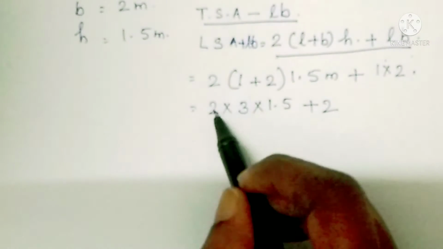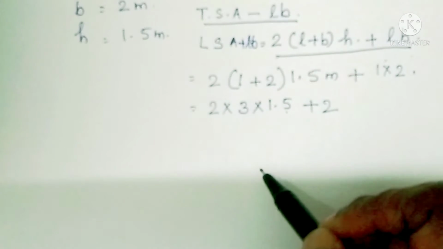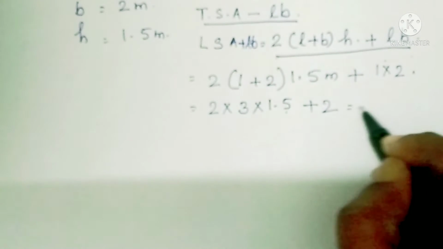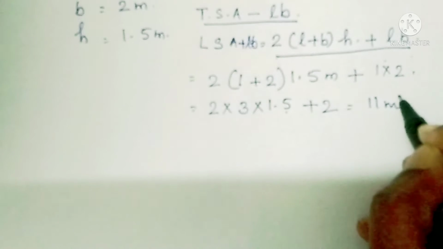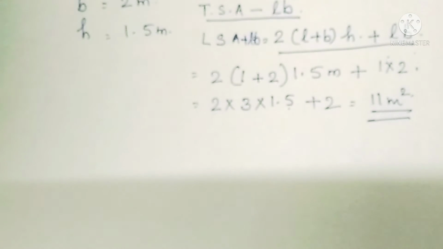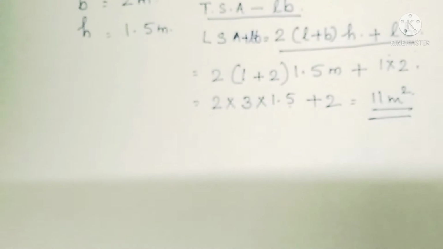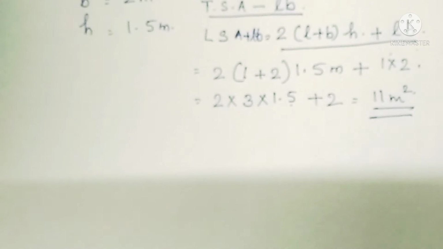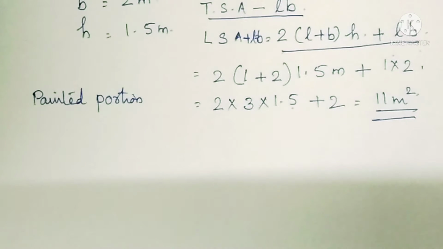What is 1.5 into 2? It is 3. 3 threes are 9, plus 2, 11 meter square. So the total surface area of the painted portion of the cuboid is 11 meter square. So the area of the painted portion is 11 meter square.